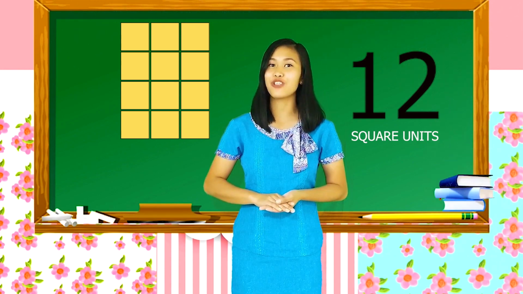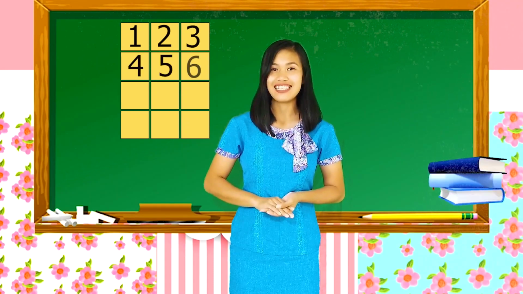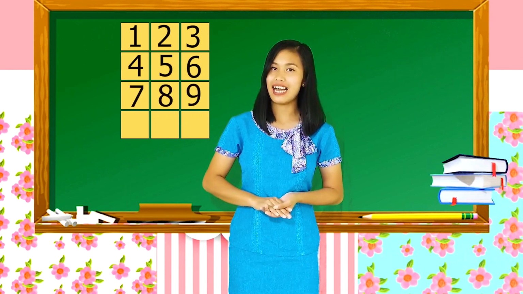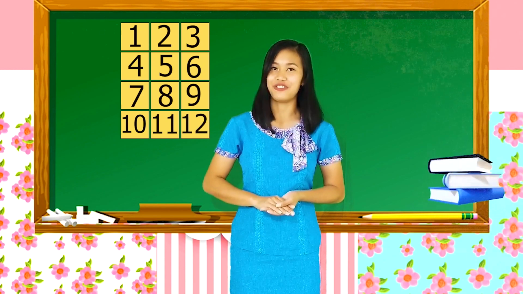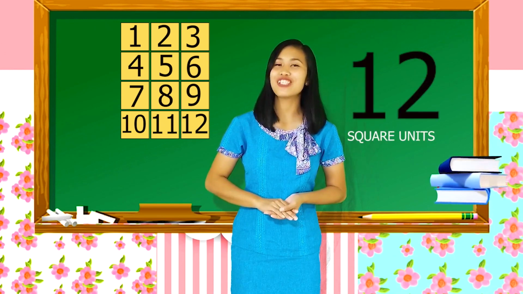So let us count all together. 1, 2, 3, 4, 5, 6, 7, 8, 9, 10, 11, 12. What is the area of this shape again? Very good. 12 square units.